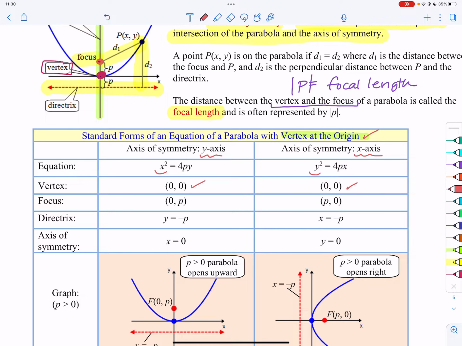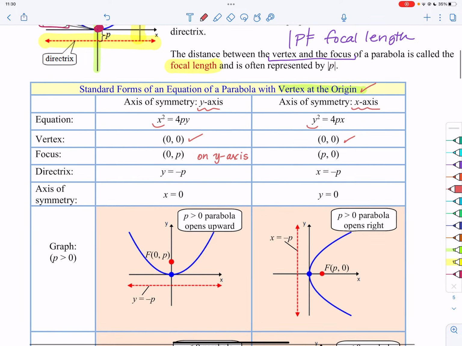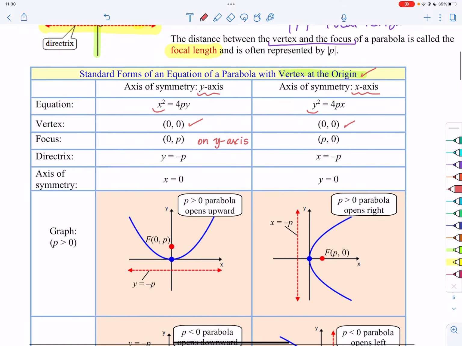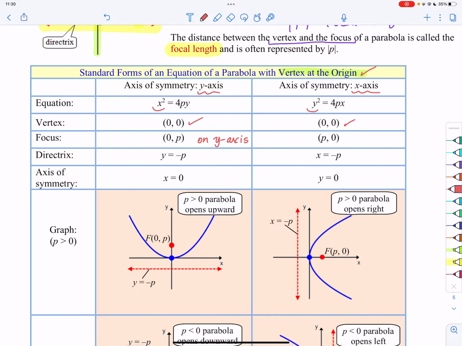Now our focus is (0, p), so that's going to be on the y-axis. And our focus, when we have an axis of symmetry of the x-axis, we're going to have that focus point on the x-axis.